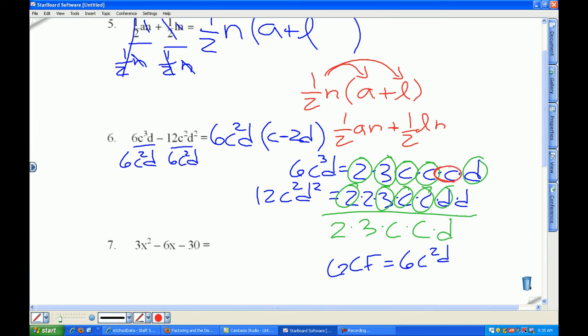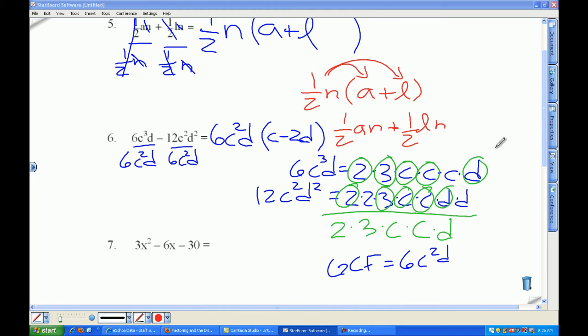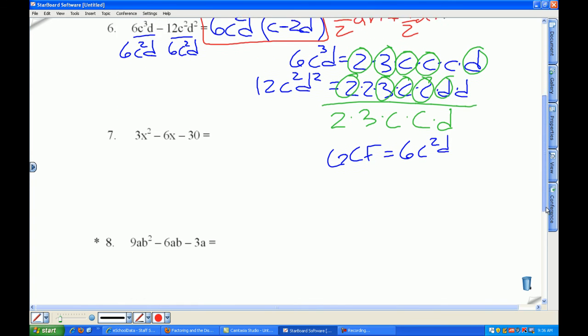We had a C, which does seem to be what we're left with there. We have a 2 and we have a D, 2D. So there is a correlation between these methods of finding the GCF and what you'd be left with inside the parentheses. Our final answer, 6C squared D times the quantity C minus 2D.